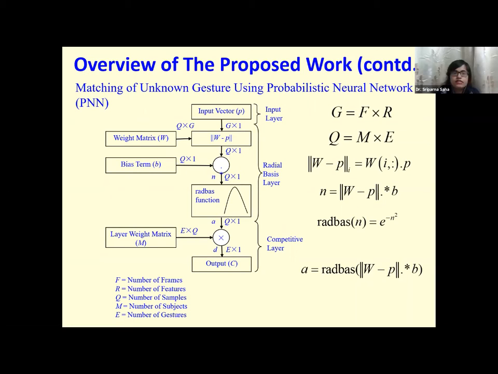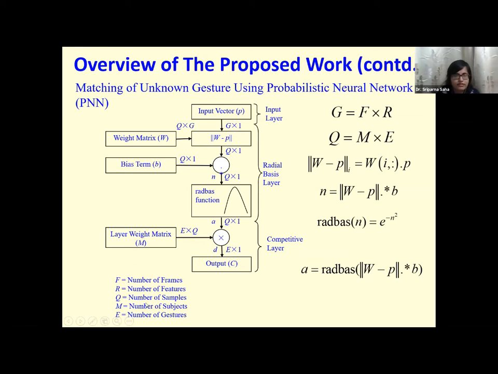So if one particular video is taken for 30 seconds of duration, and the sampling rate is suppose 20 frames per second, then 20 into 30, that is 600 frames, will be there. So the value of F is 600. For each of the frames, how many features have been calculated? 8 features. So capital R, the number of features, will be 8.